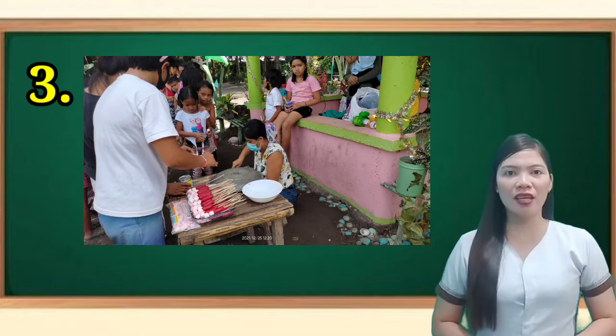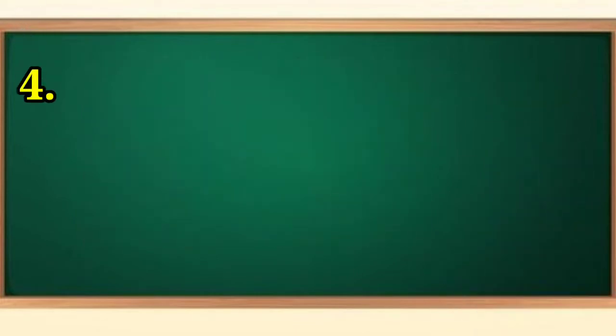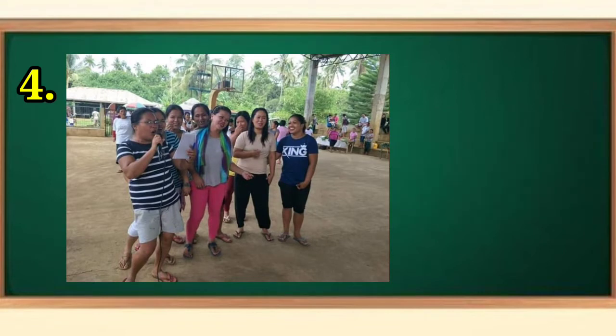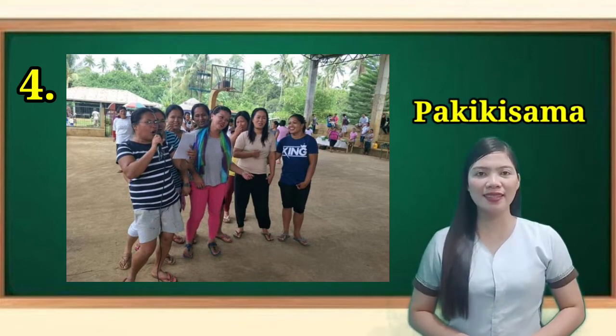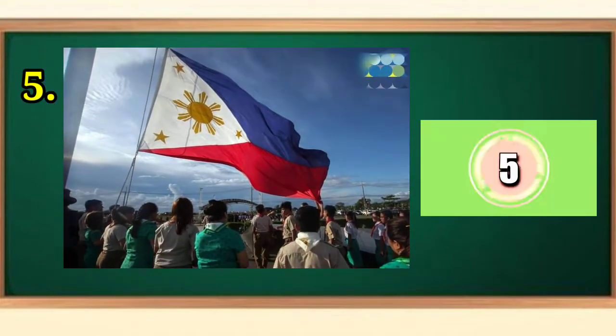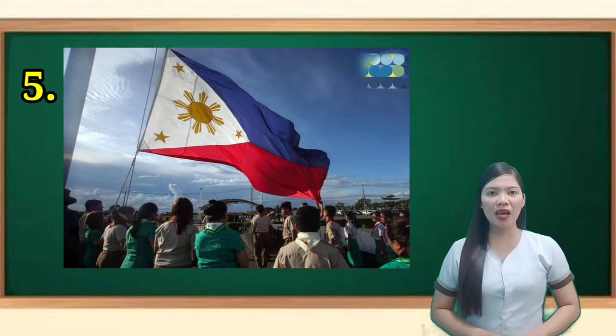Picture number 3 is an illustration of kagandahang loob. Amazing! Picture number 4 shows PAKIKISAMA. Exactly! Picture number 5 is an example of kalayaan.